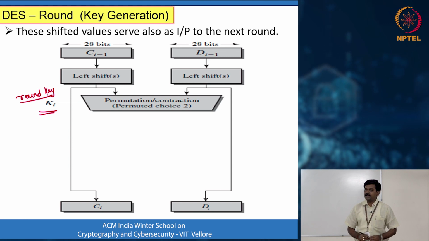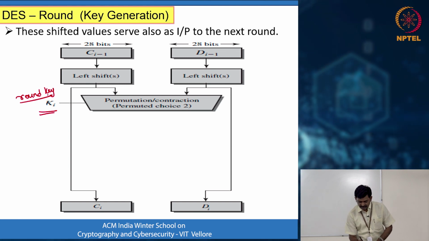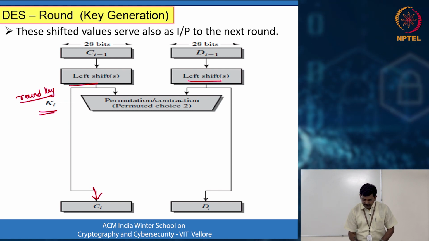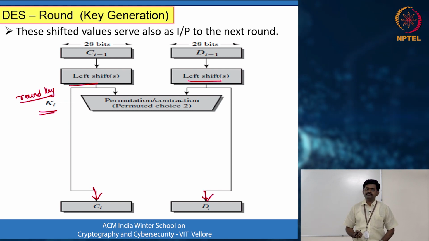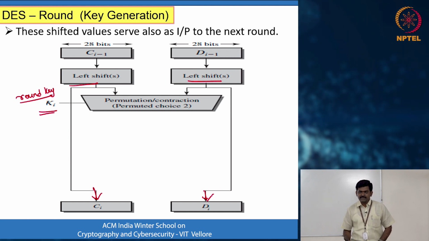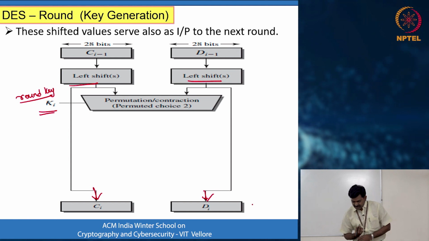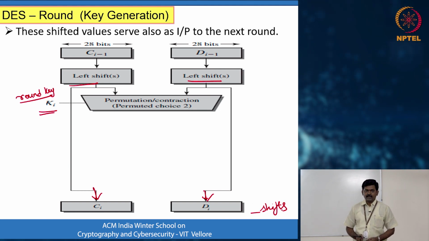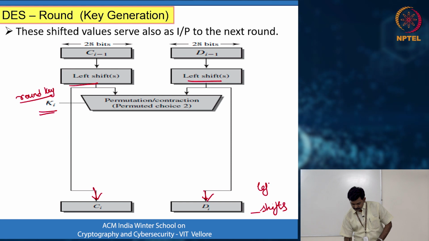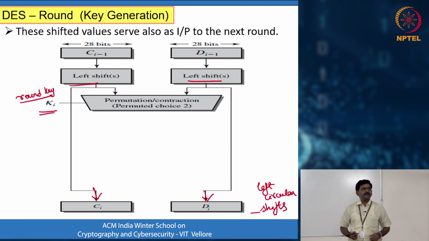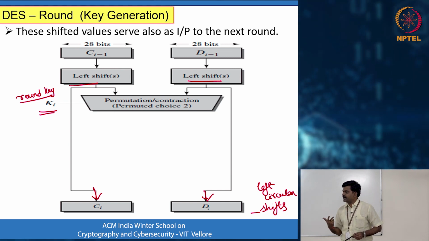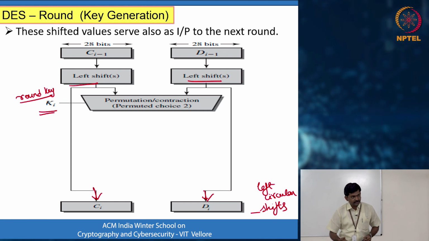And not only that, whatever shifted halves you have, they go as input to the next round. So in this round what happens? Again shifts happen, right? Left circular shift by how many bits? 1 or 2, depending on which round you are in.